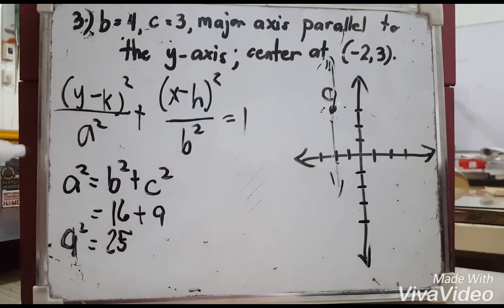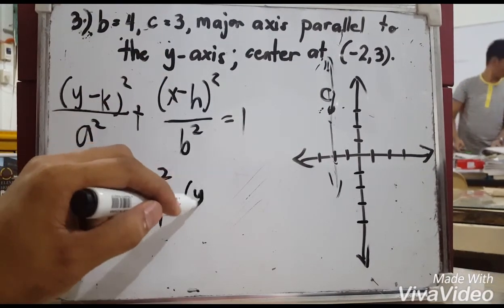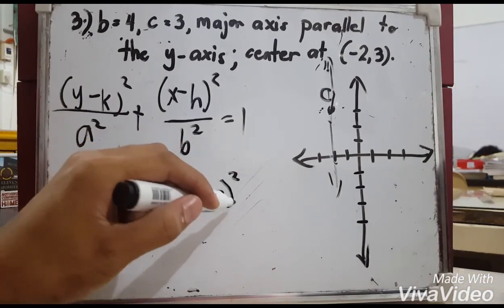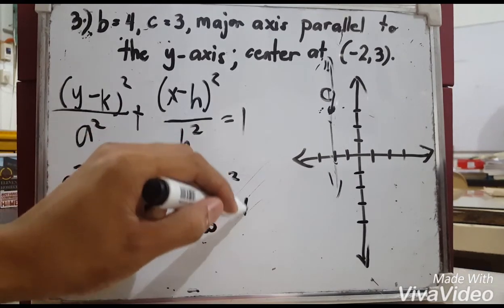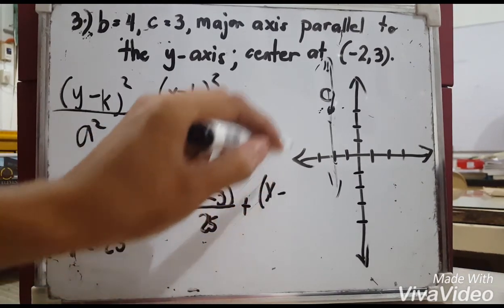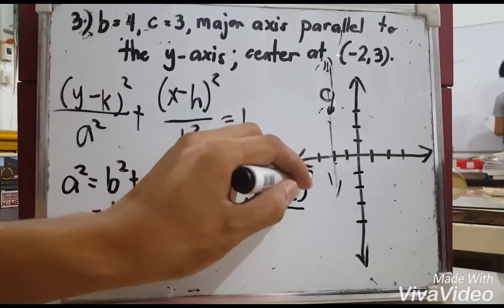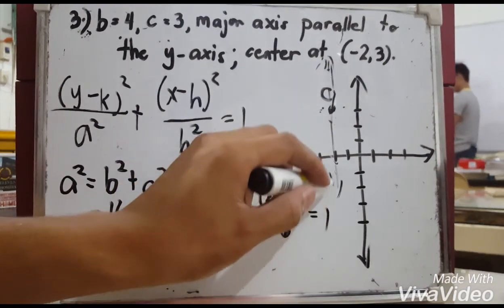So therefore, the standard equation of our ellipse is now (y minus 3) squared over a squared, which is 25, plus (x minus negative 2), or x plus 2, squared over b squared, which is 16, equal to 1.